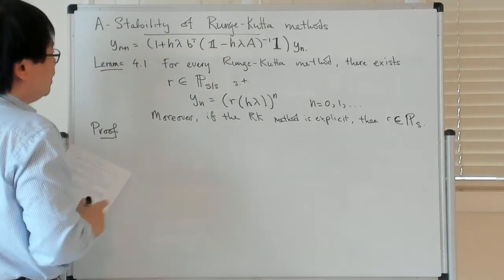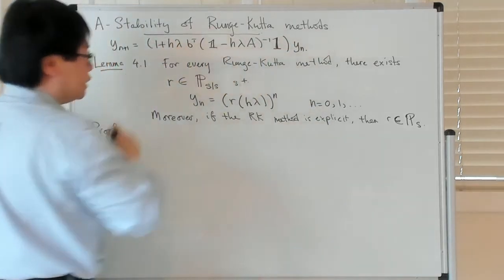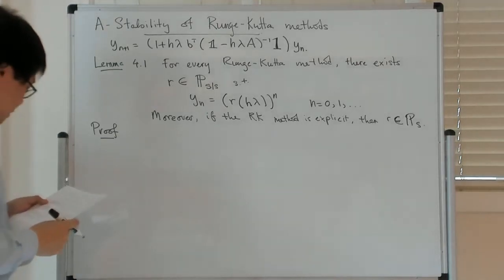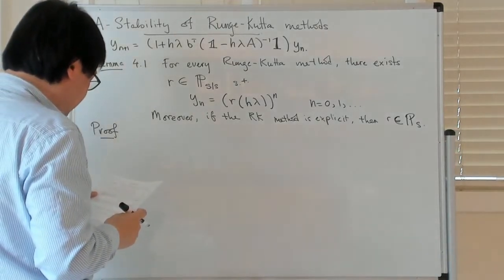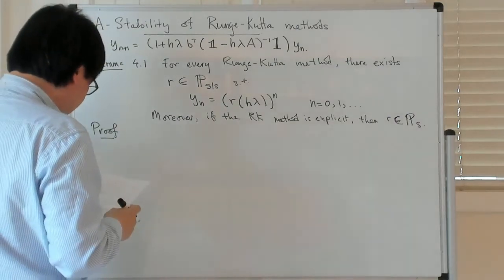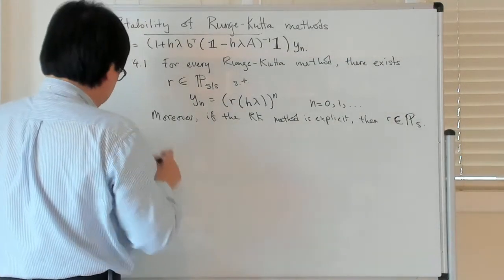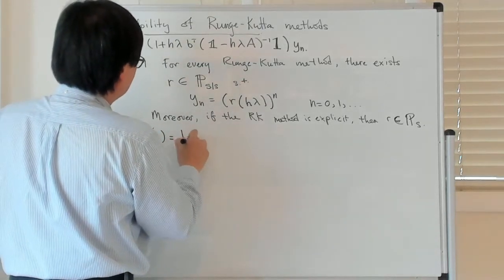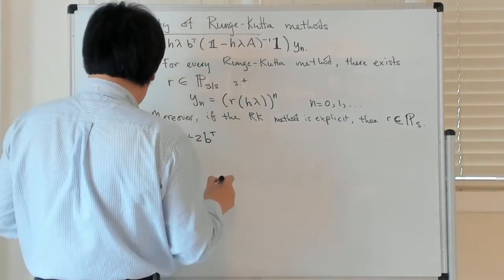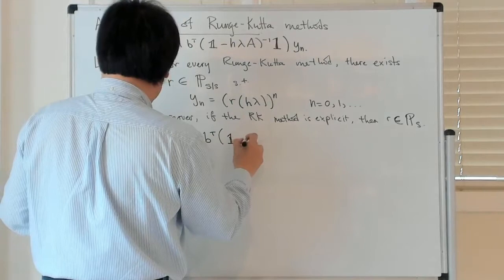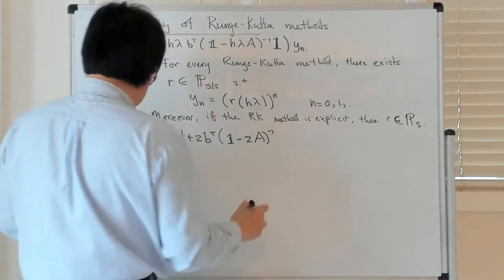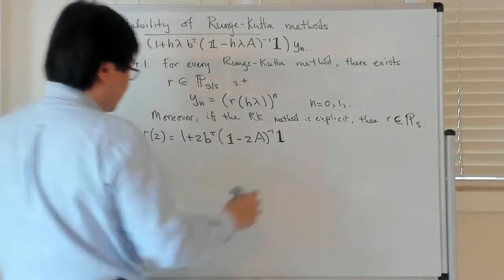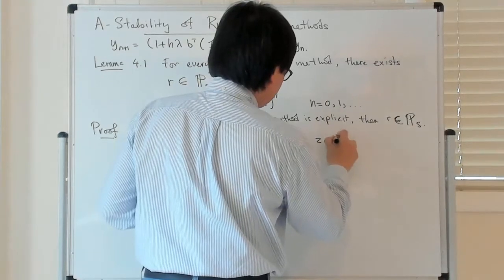So it remains to show that this object is actually a rational function. Let's see what happens. You can define R of z to be just 1 plus z b transpose, the identity minus zA inverse, acting on this vector of ones, where z is some complex number in general.